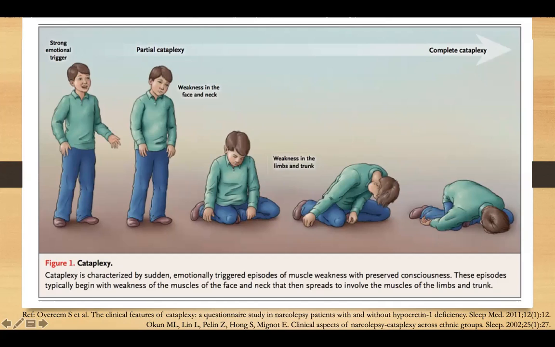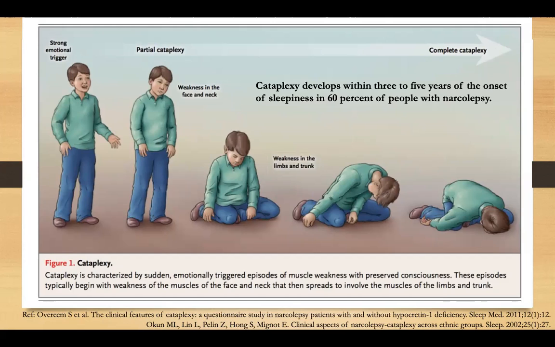Interestingly, the triggers include telling a joke, laughter, excitement, anger, or grief. The weakness often resolves within 2 minutes. As I said, this is very specific for narcolepsy, but it is not present in all the patients. It develops within 3 to 5 years of the onset of sleepiness in 60% of people with narcolepsy.